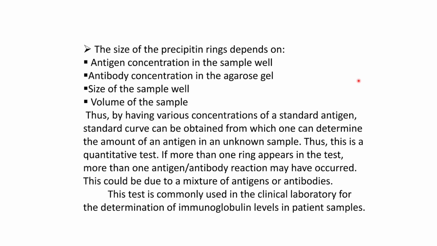So this is a quantitative test, and if we see more than one ring in this test, it suggests that more than one antigen or antibody reaction may have occurred. This could happen when there's a mixture of antigens or antibodies. This test is commonly used in clinical labs for determining immunoglobulin levels in patient samples.